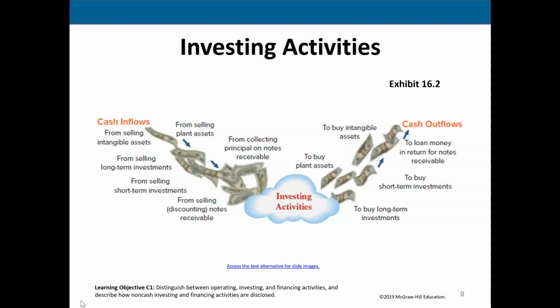Some of the cash outflows would be if you buy plant assets. If you buy a plant asset, money's going out the door. You're exchanging it for another asset, which is the actual piece of equipment or machinery. If you buy long-term or short-term investments, or you loan money and give them a note receivable, that's also a cash outflow for investing.